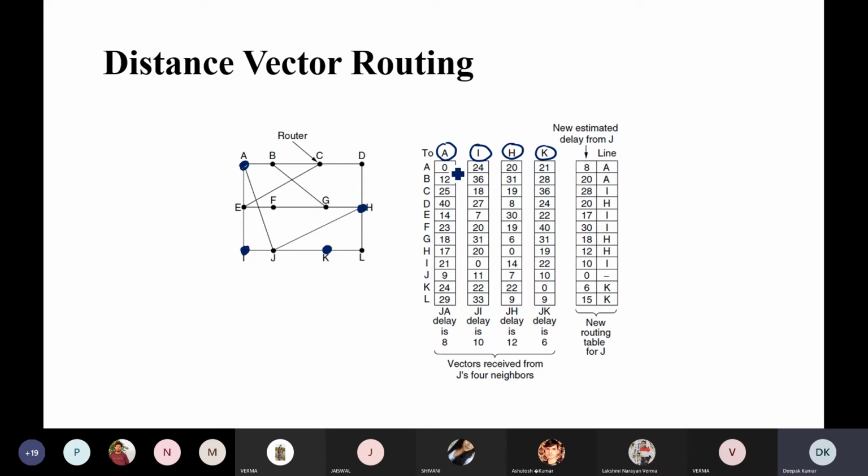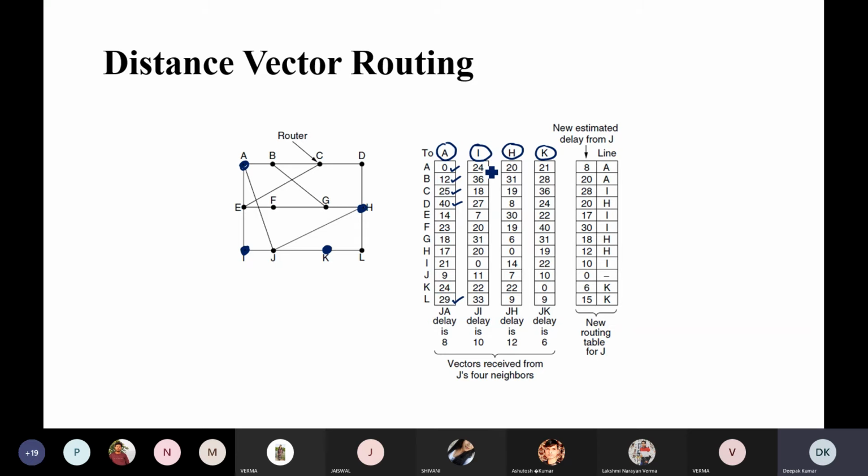A to A distance is 0, A to B distance is 12, A to C distance is 25, A to D distance is 40, and so on. A to L distance is 29. These are the shortest distances available between source and destination.